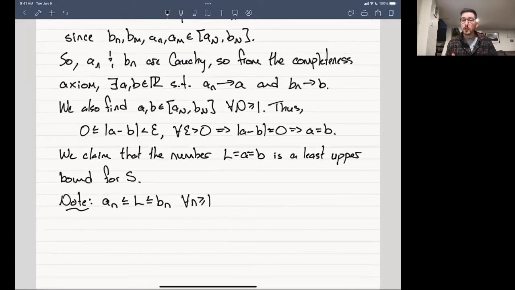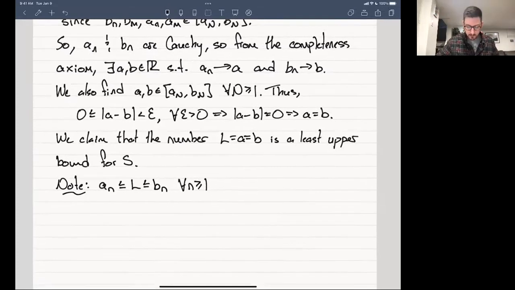You can argue this in a really, really nice way, but this is important, right? Because for your limit, A is approaching it from below and B is approaching it from above. You're sort of sandwiching in on that limit L.